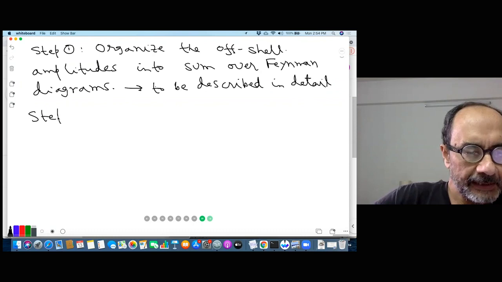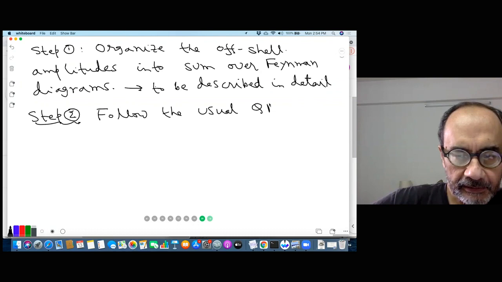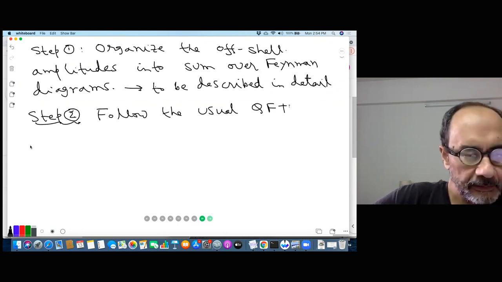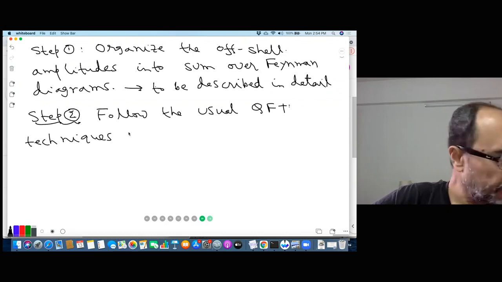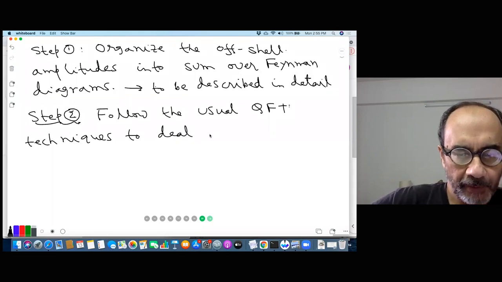Once you have done that, step 2 is just straightforward QFT. So we follow the usual QFT techniques to deal with on-shell internal propagators.